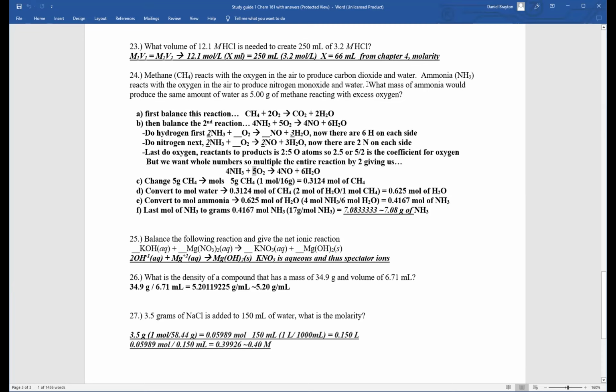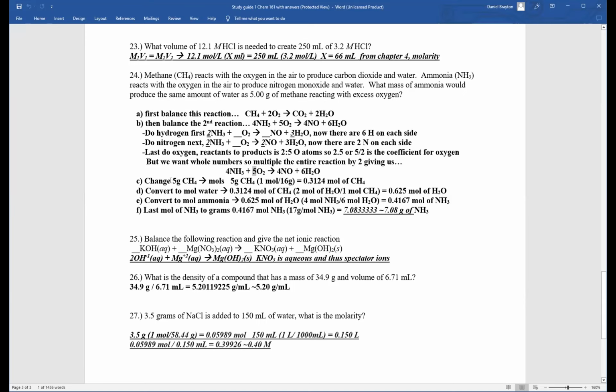Let's go back up and look at what it's actually asking us. What mass of ammonia would produce the same amount of water as 5 grams of methane reacting with excess oxygen? So it's saying 5 grams of methane is the limiting reagent, and it's asking us about water indirectly, then back to the ammonia.